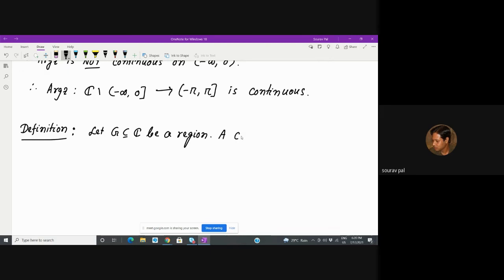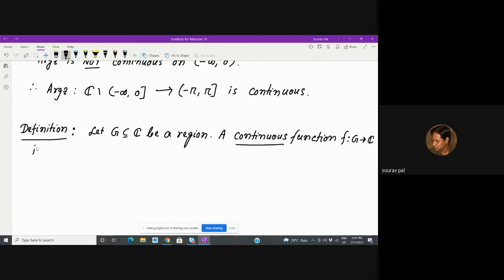A continuous function f from G to C. See, I have chosen a continuous function, not just an ordinary function.